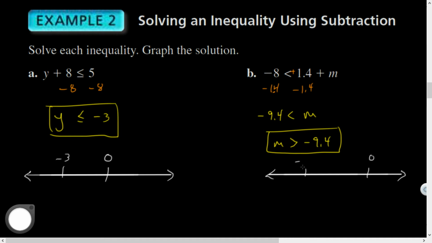Let's see. Actually, let's graph this one interesting. Like, let's say I've got negative 10 and negative 9. That'd be negative 9.5. Yeah, let's do that. So, y is less than or equal to negative 3. Closed circle, less than, left.